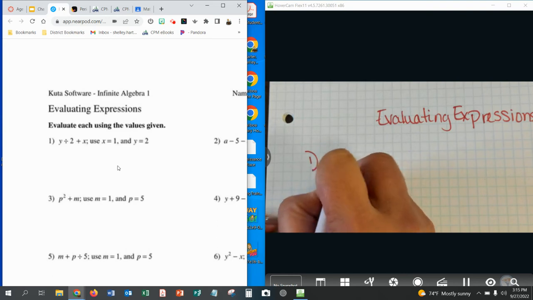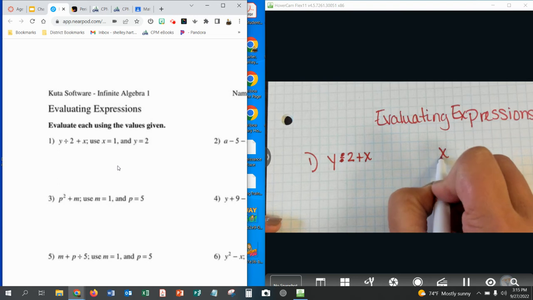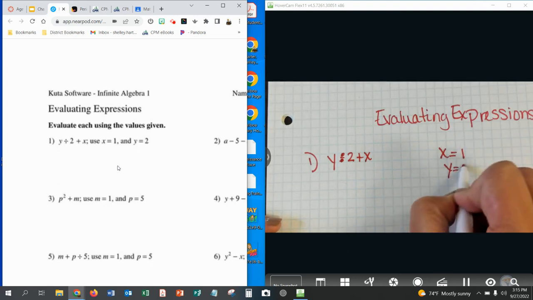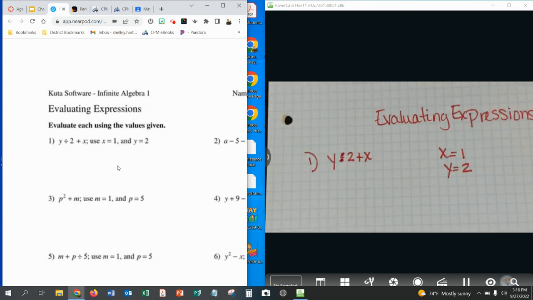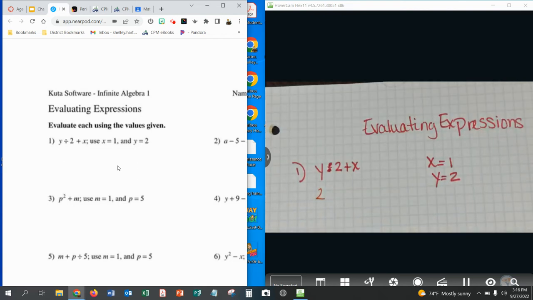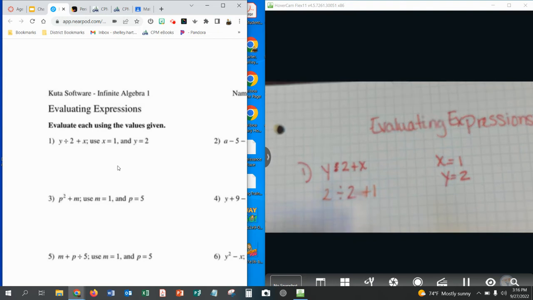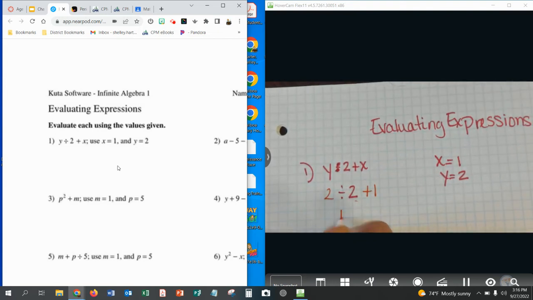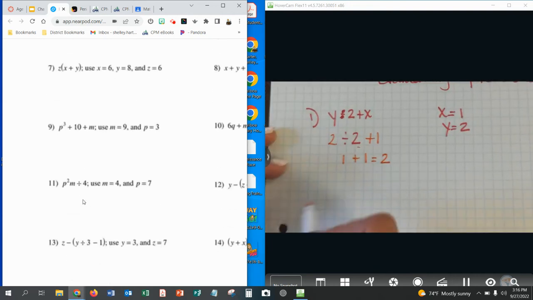So you've got y divided by 2 plus x, and then x equals 1 and y equals 2. So all you're doing is you put 2 in for y, divided by 2, plus 1. So 2 divided by 2 is 1 plus 1 equals 2. So that's number 1. Let's go down to 9.